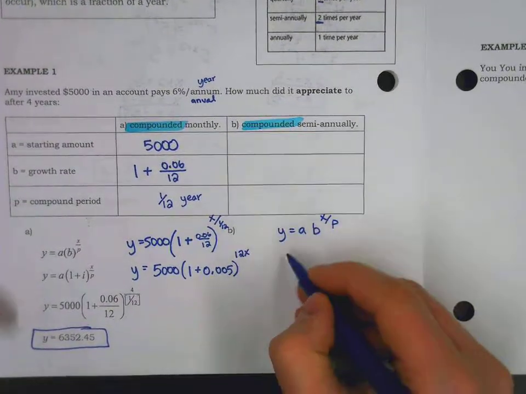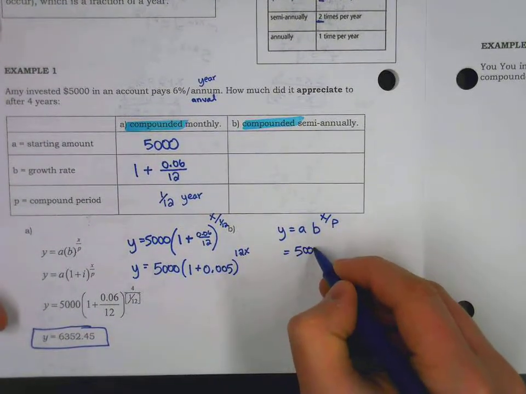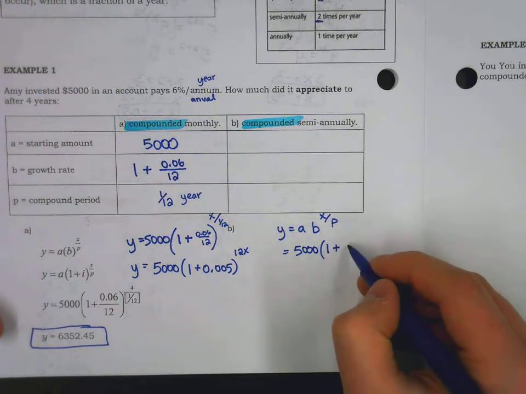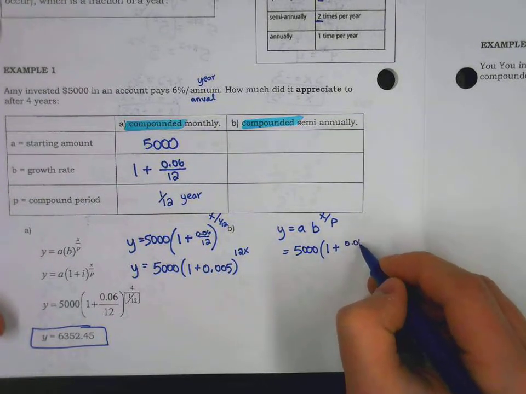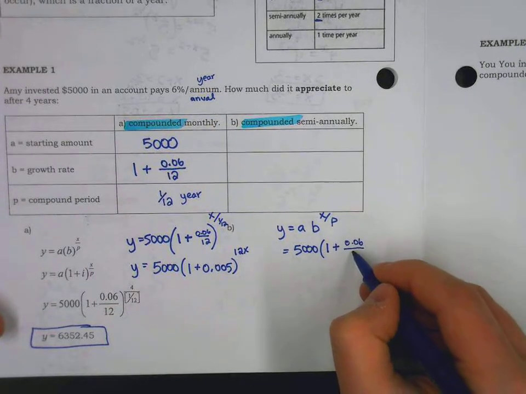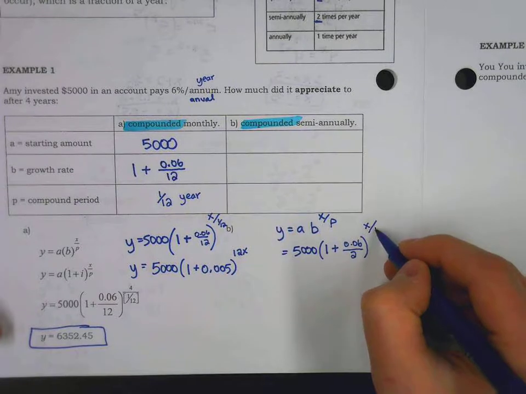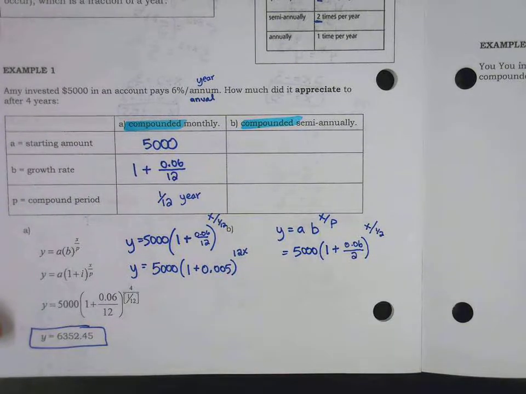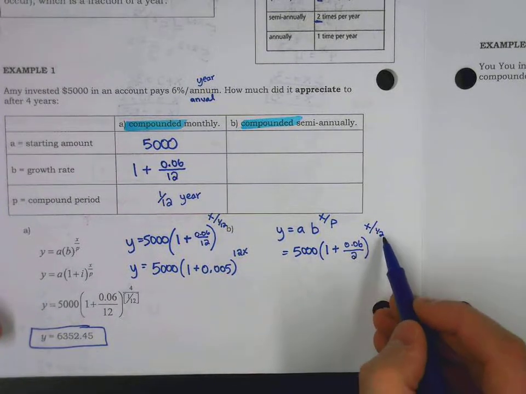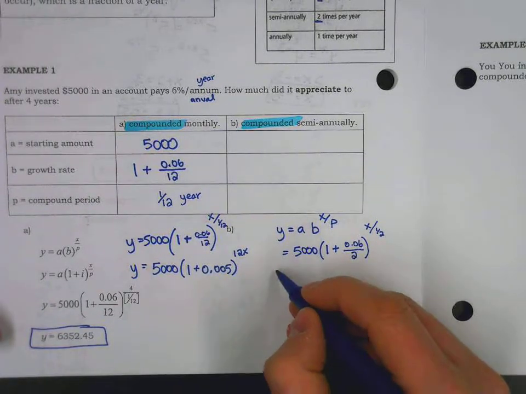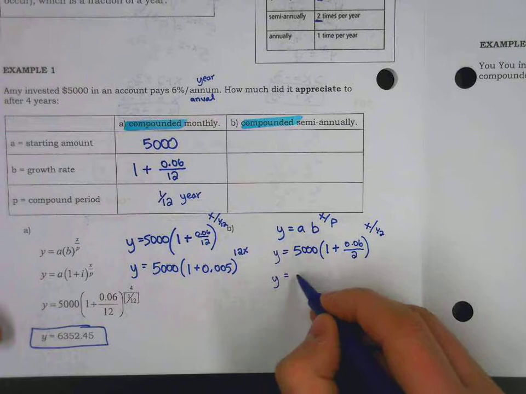So we're going to take this $5,000 to start. We're going to grow by what interest rate? We're taking our 6%, and we're going to divide this into only 2 groups, and then we're going to say that our compounding period is a half of a year. In fact, this 2 matches with the 1/2, the 12 matches with the 1/12, and it's always going to match if you see that pattern.